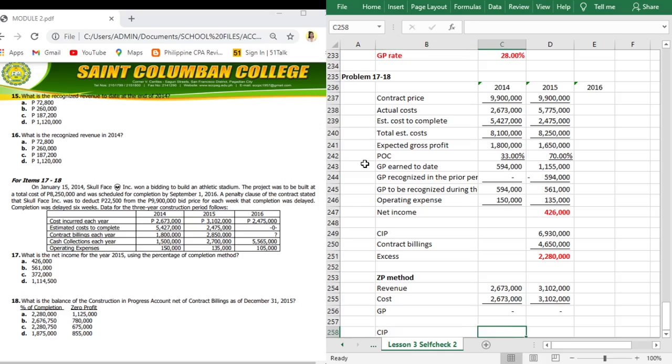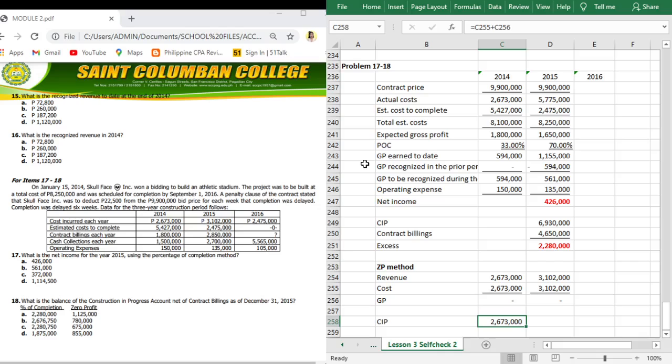Since wala man ay profit, so, cost plus profit, that is still 2,673. Nya pagabot sa 2015, dapat cumulative na. So, 2,673 plus katong karon cost and gross profit. So, meaning, cost karon og atong niagi.